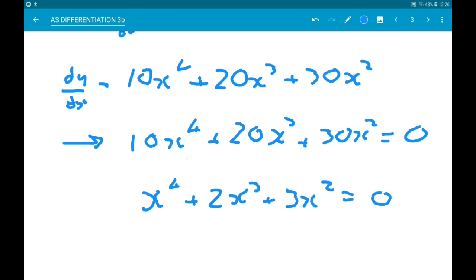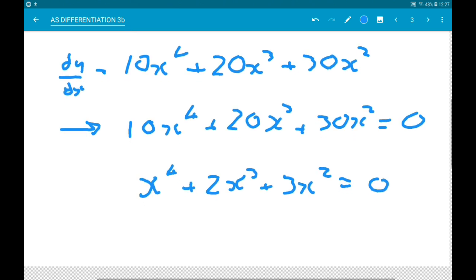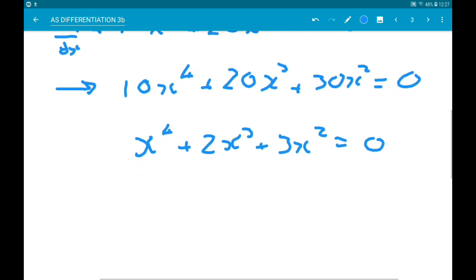Okay, now we also have a common factor of x squared running through. However, we don't divide algebra away because then we lose solutions. So instead, we now factorize.